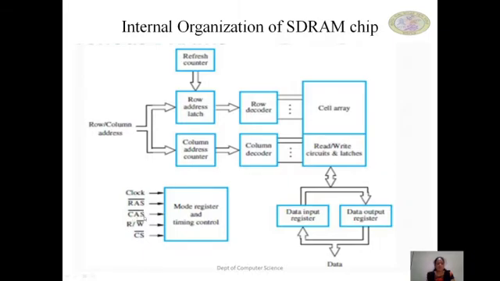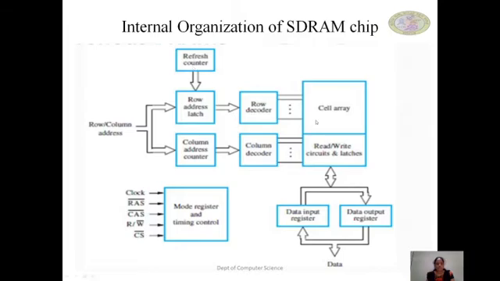Then the CAS signal, that is, the column address select, is provided. Along with these three, we have read-write control signals, and the chip select signal is also provided to the mode register. Along with all these modules, we have one more additional module called a refresh counter.